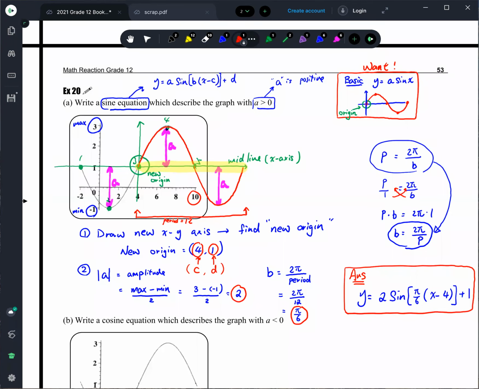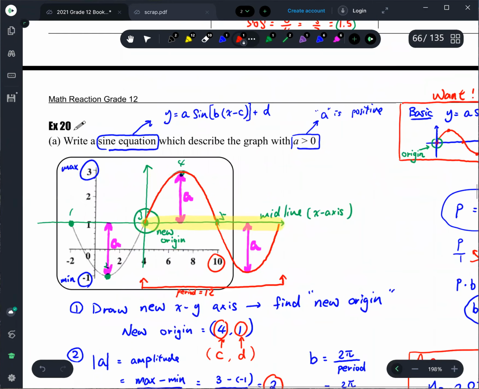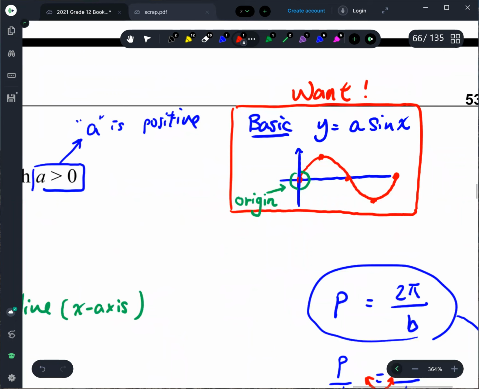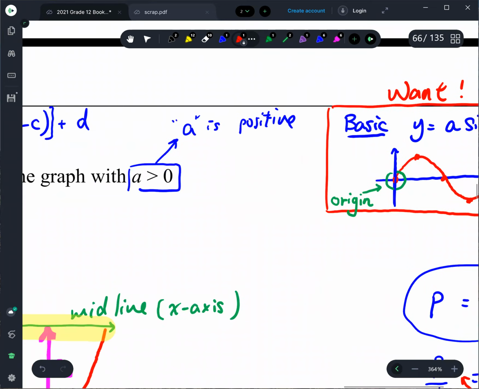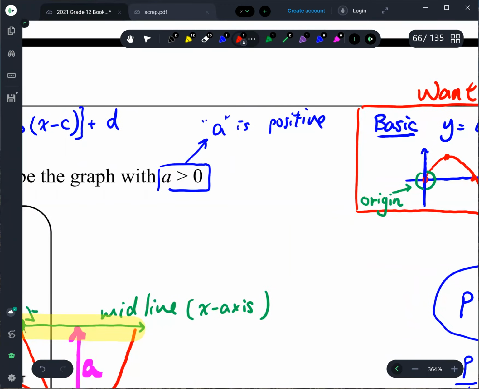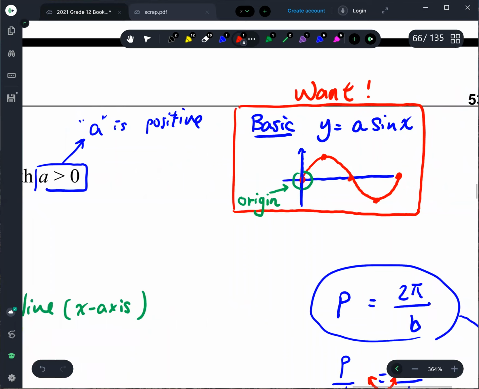You need to know what you're looking for, because the question can change. If they want a sine equation, you need to draw a sine. You have to know what the question wants, and because the question wants no reflection, your basic shouldn't have reflection.